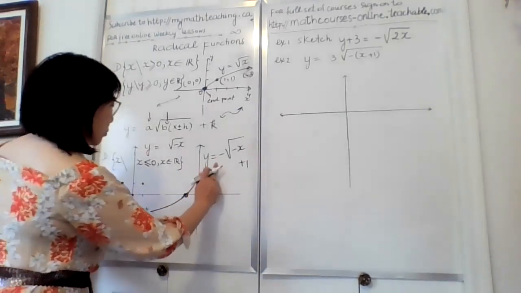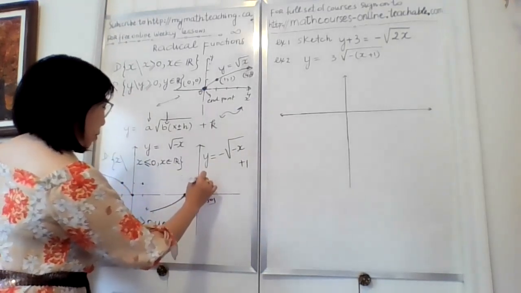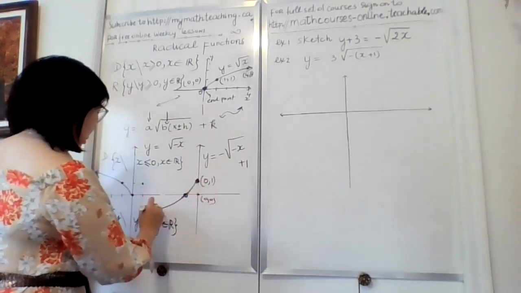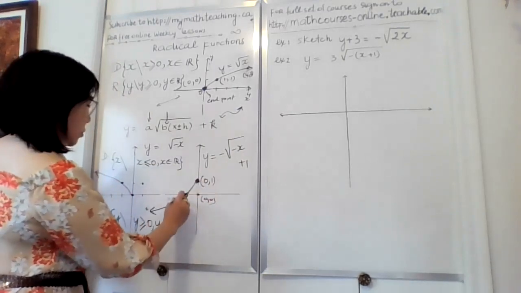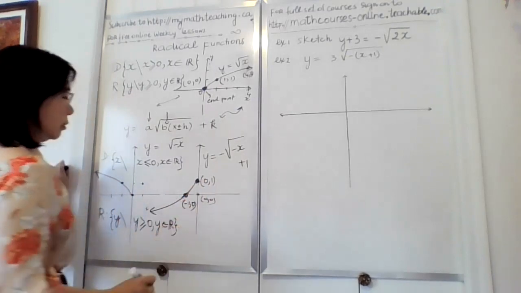Now let's talk about this radical. This endpoint is (0, 1), and this one is (-1, 0).